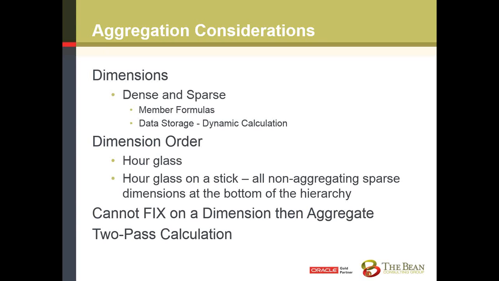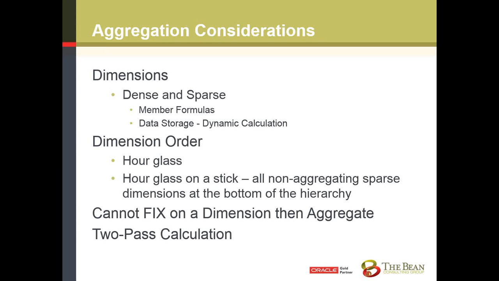We came in and evaluated the system and recommended that they switch all of these dynamic calc operators to store, and lo and behold, their aggregation took less than 10 minutes after doing that. So you can see very, very significant degradation if you do that sort of thing.